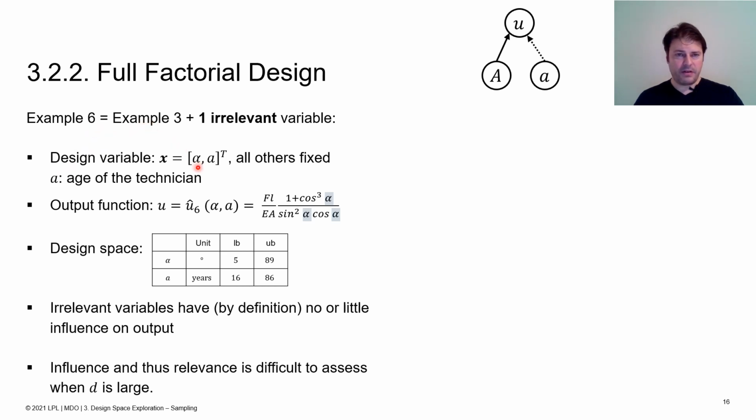Let's take example number 3 and add the age of the technician as a design variable that of course has no influence. So formally we add the age of the technician to the argument of our objective function, and we keep the formula as it is. So the age will not enter the formula.